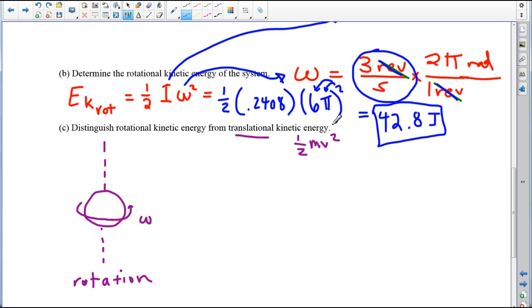Instead, it refers to the energy an object has when it's moving along the x, y, or z axes. So if an object is actually traveling from one point in space to a different point in space, that's translation along the x, y, and or z axes.